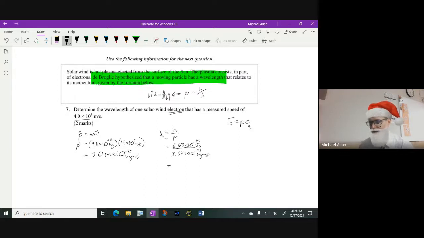You're going to get a nice number here, 1.8 times 10 to the negative 9. I want 2 sig digs because there are 2 sig digs in this question. But also, look, we got times 10 to the negative 9. We know that's a nano, so you just divide by 10 to the negative 9 and you get 1.8 nanometers. Pretty small wavelength, right? So lots of energy here.